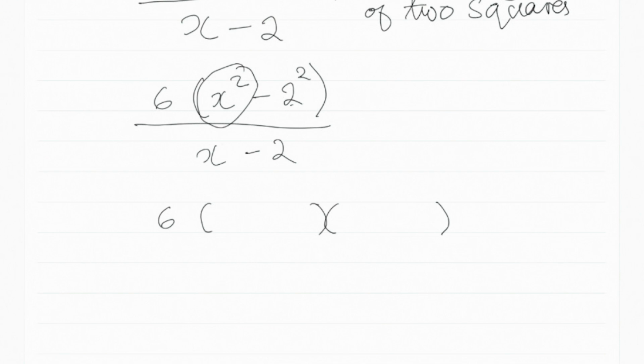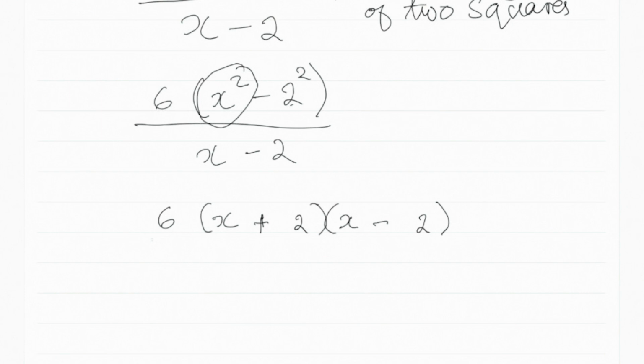Since we are factorizing by difference of two squares, one should use addition and the other subtraction. The order is not necessary. We can start with x minus 2 and x plus 2, or x plus 2 and x minus 2. The order does not matter.